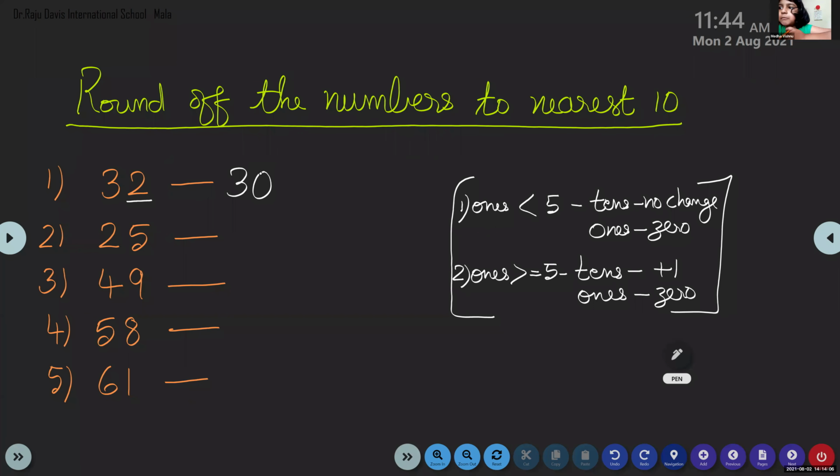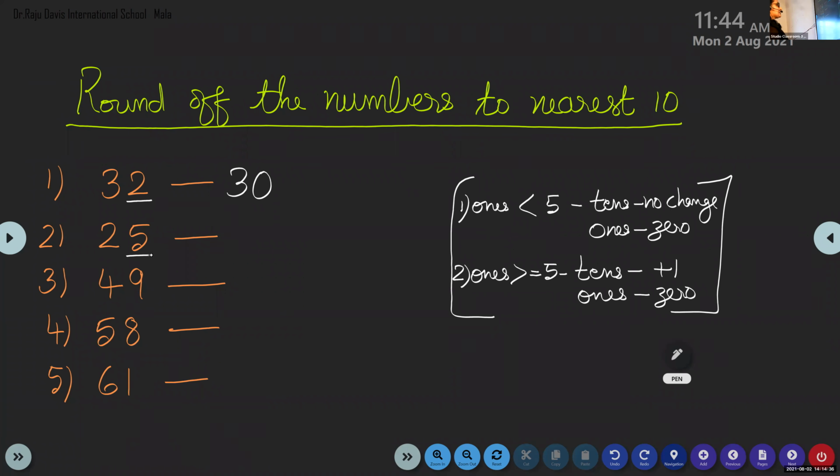Yes, ma'am. What is the first step? You have to underline the ones place. Now, whether 5 is greater than, less than, or equal to 5? Equal to. So what is the rule? What is to be done?